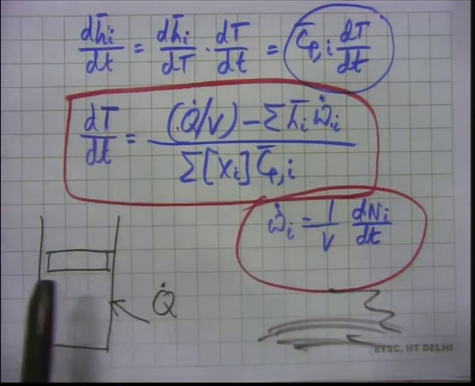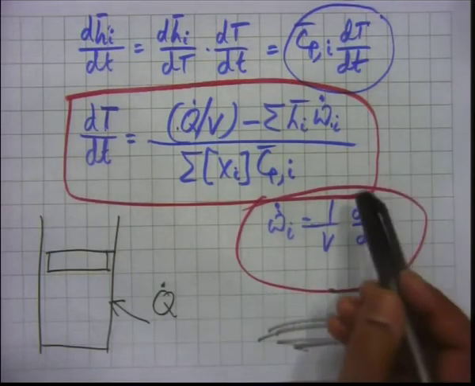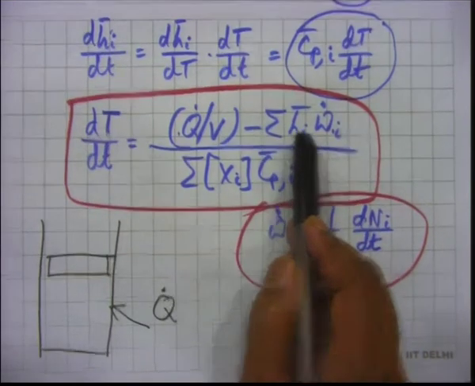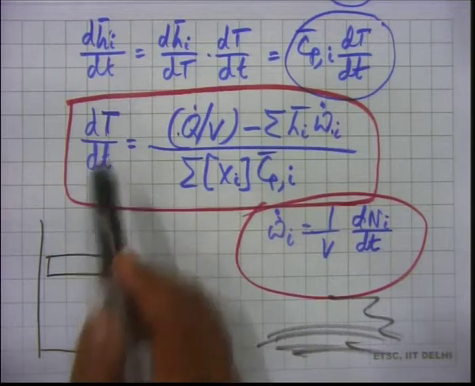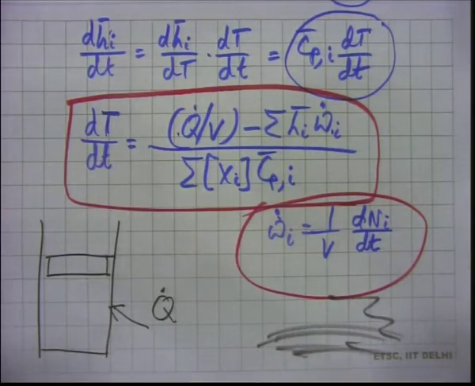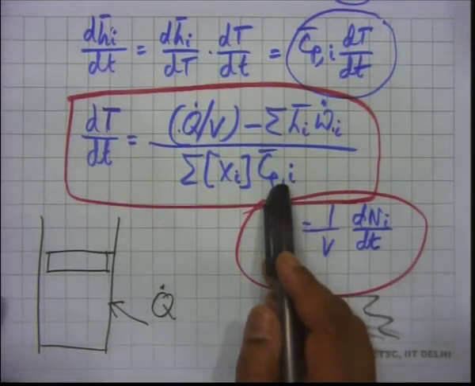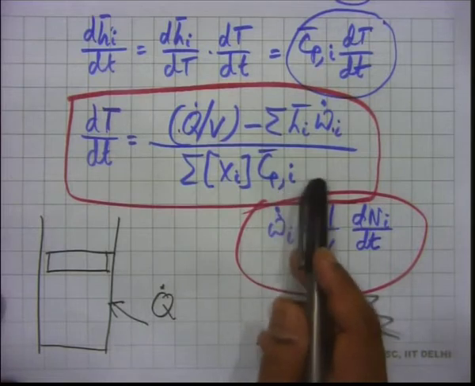So, this equation tells you that the rate of the ith reaction and the energy associated with that will affect the rate of evolution of temperature. Yes. So, will Cpi be constant, or is it a function of temperature? Cp bar i can be taken to be a constant, or it can be a function of temperature.